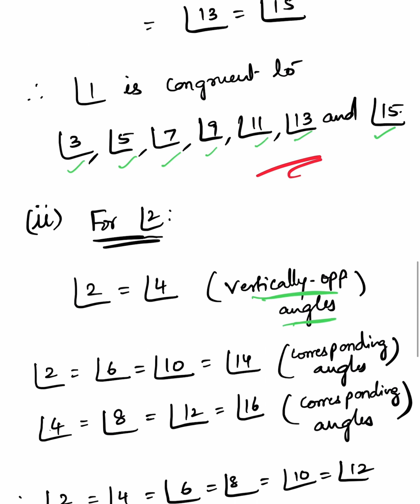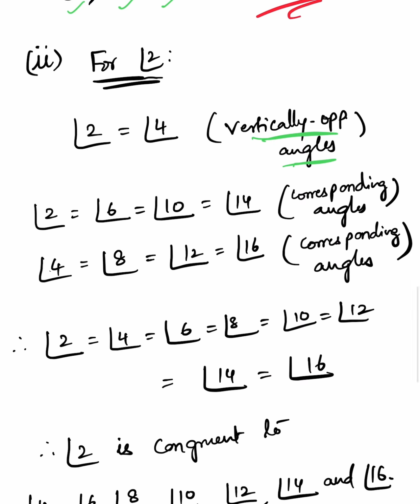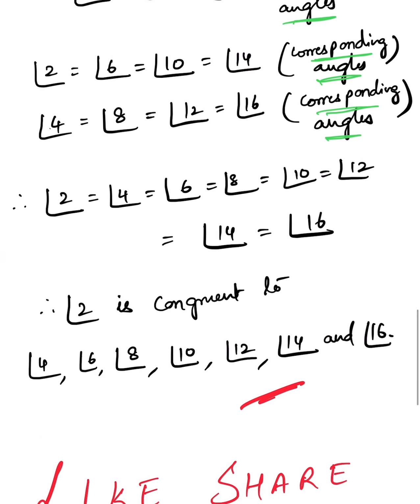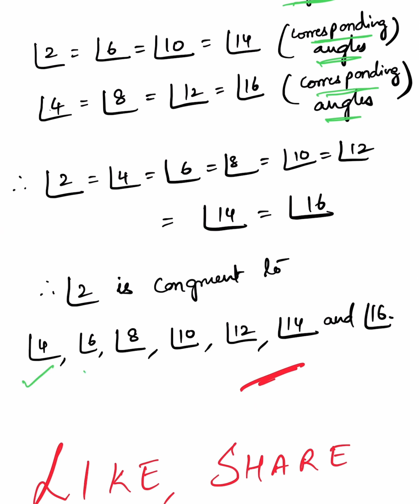Let us write the rules here. 2 equal to 6 equal to 10 equal to 14 because corresponding angles are equal. Similarly, 4 equal to 8 equal to 12 equal to 16, same corresponding angles. So 2 equal to 4 equal to 6 equal to 8 equal to 10, 12, 14 and 16. So angle 2 is congruent to angle 4, angle 6, angle 8, angle 10, angle 12, angle 14 and angle 16.